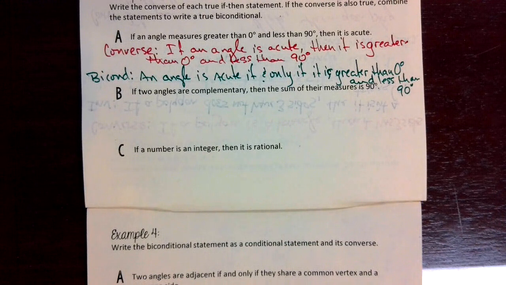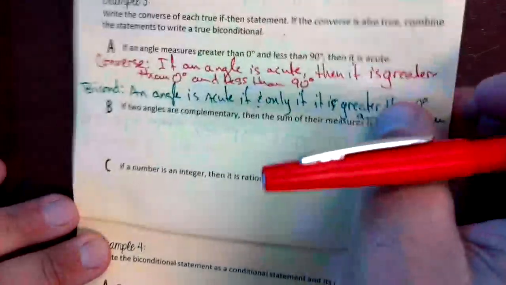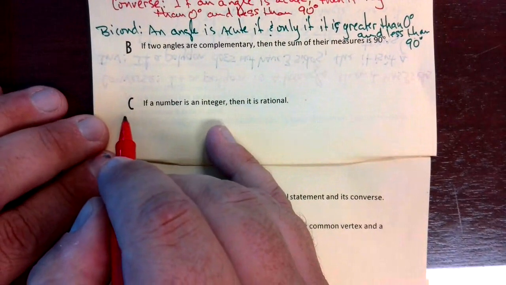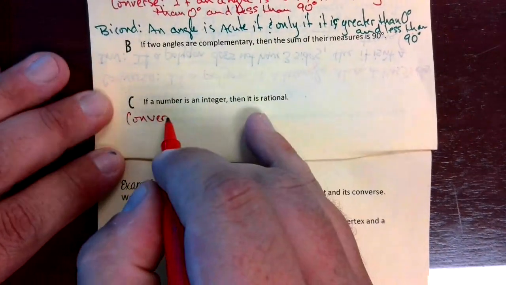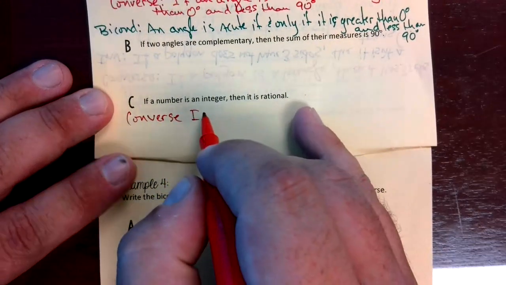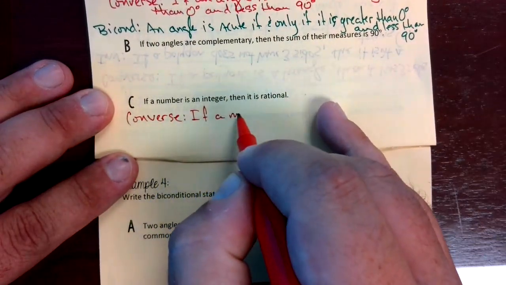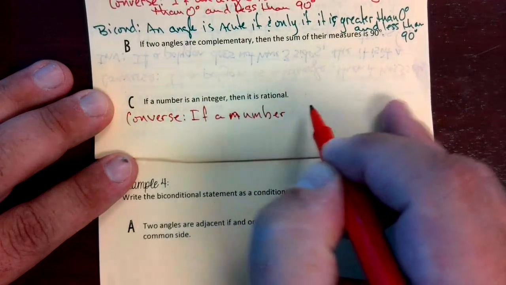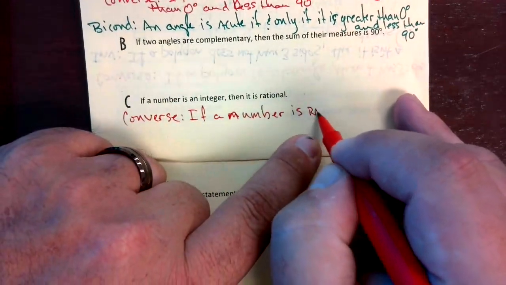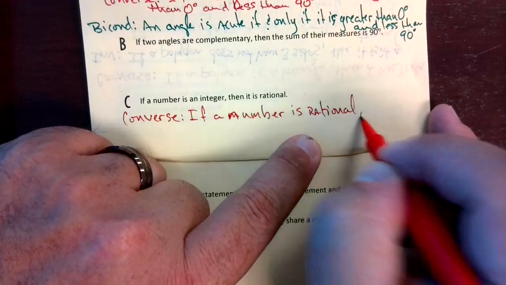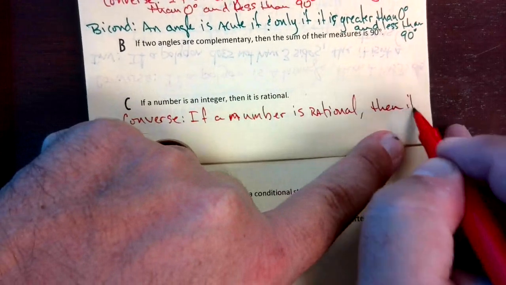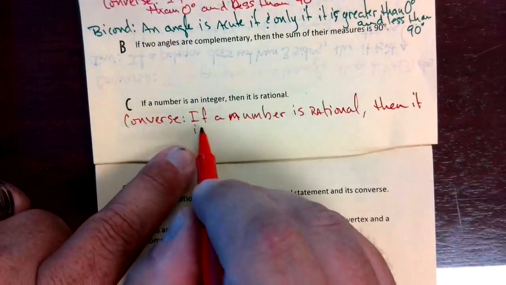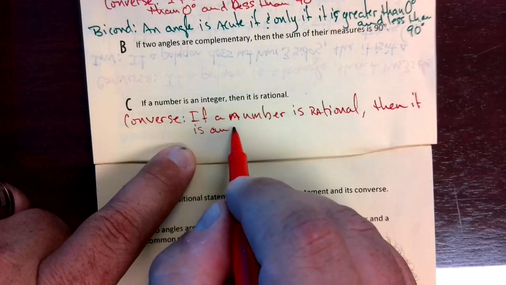Okay. I'm going to skip part B for a minute, but I'm going to come down here to C. And what I'll say on C, the converse, if a number is rational, then it is an integer.